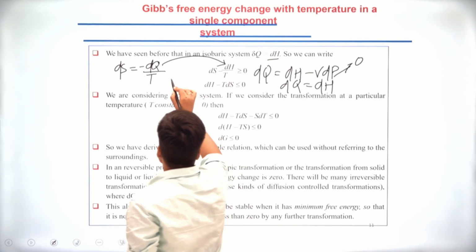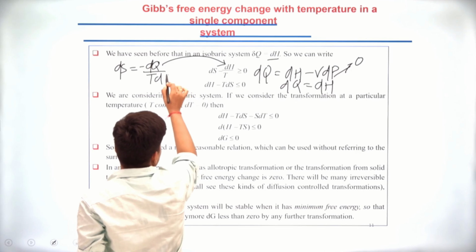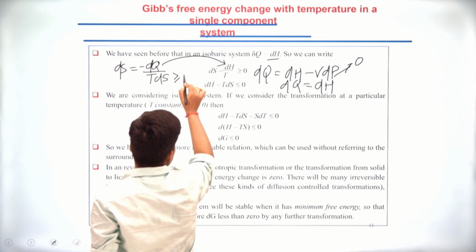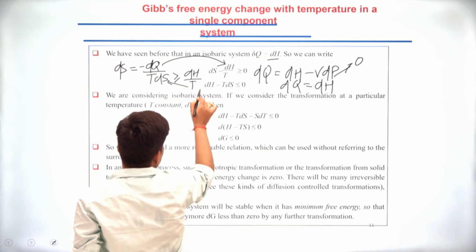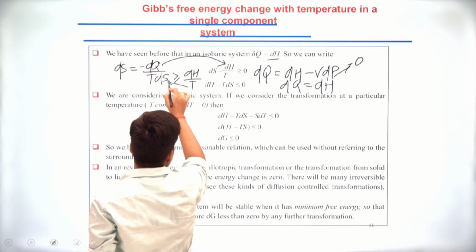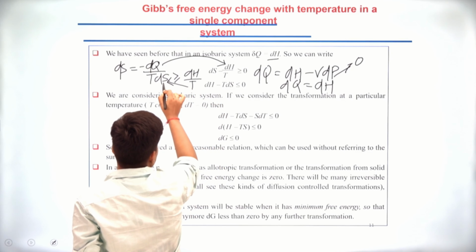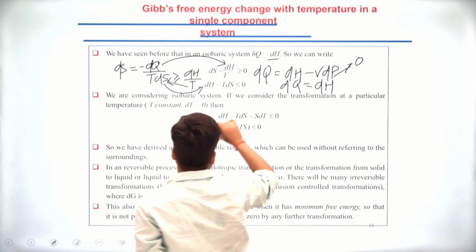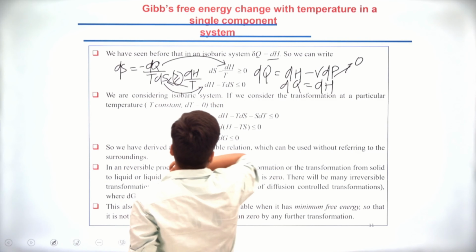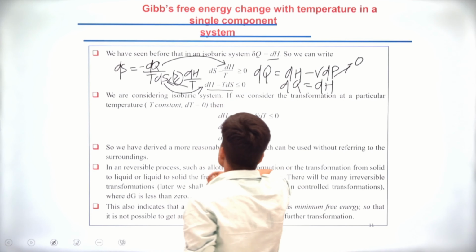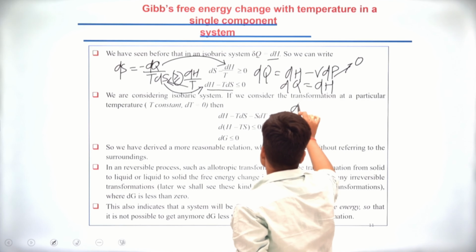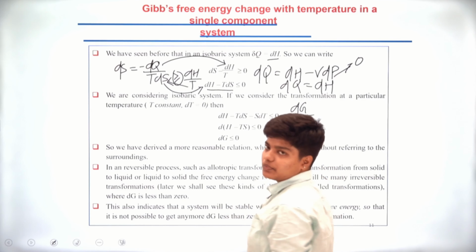So now the equation will be dS greater than or equal to dH by T. Now, if we take dS to the right hand side, the sign changes, and it will be dH minus T dS less than or equal to 0. We know dH minus T dS is nothing but dG, as we derived in the previous classes.